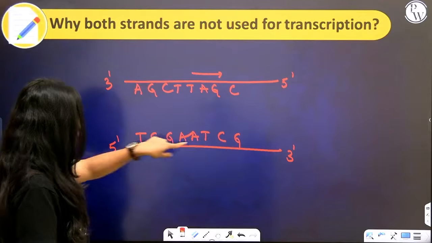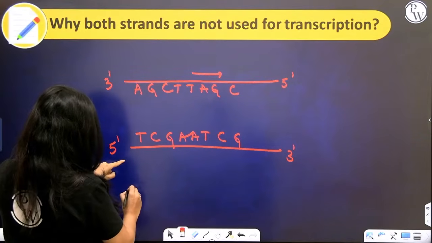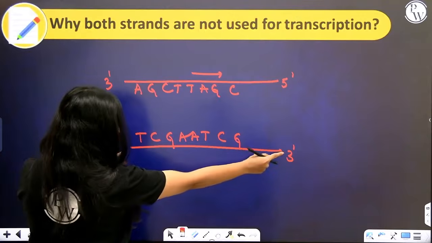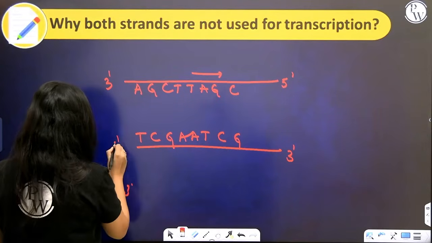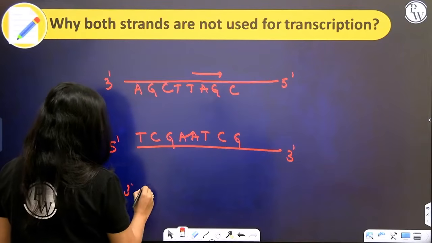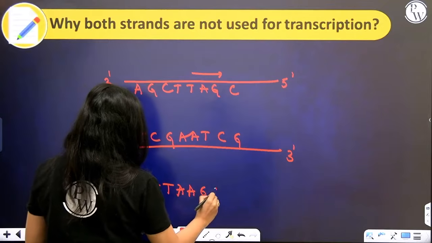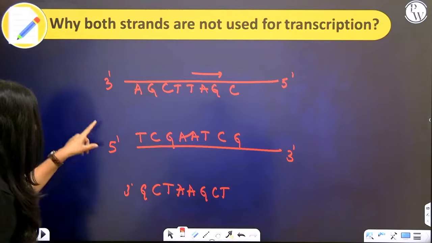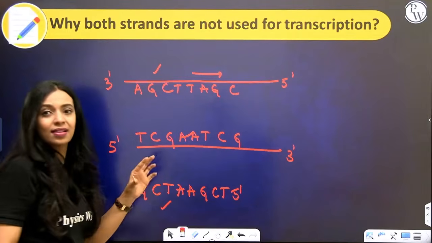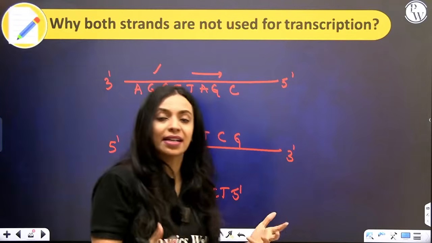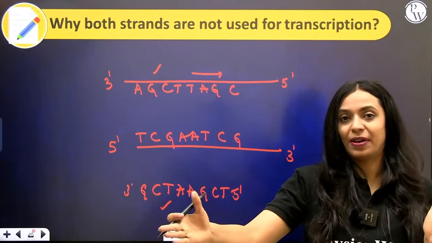This, if you take it from 3' to 5', it's the exact same sequence. I'm just reversing it. You'll have 3', G, C, T, A, G, C, T. So this and this will act as the template because for a strand to act as the template, it has to have the polarity 3' to 5'.